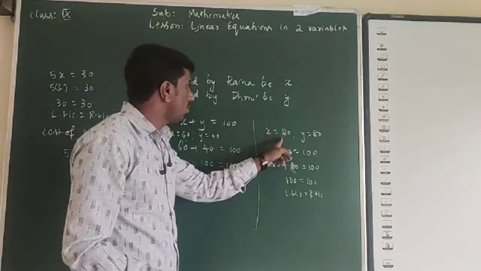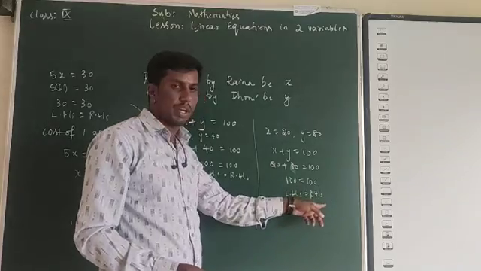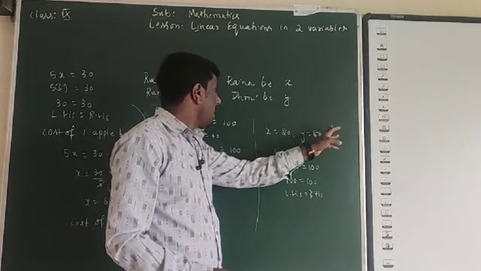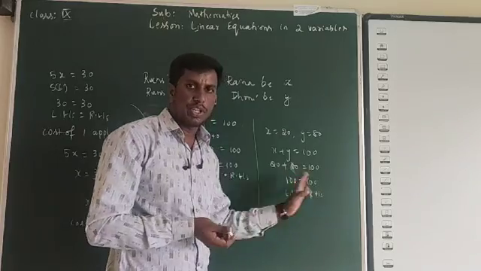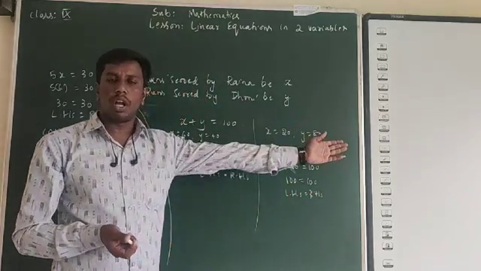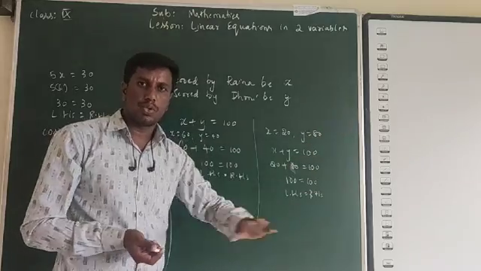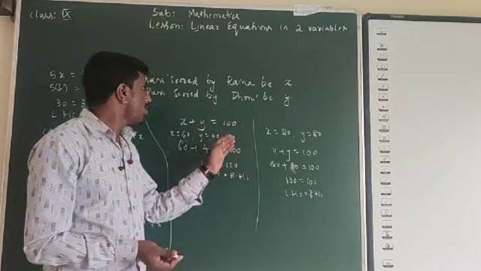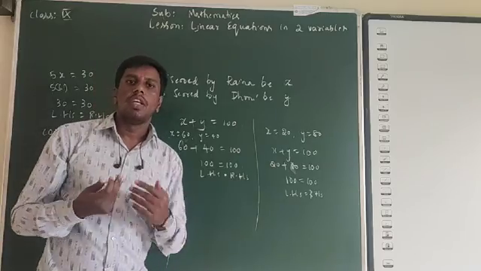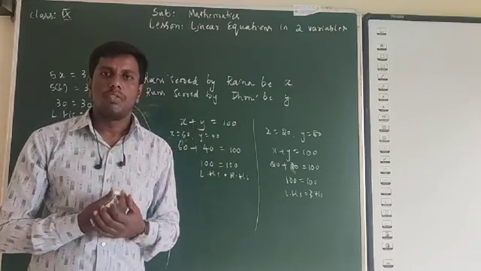If I place x is equal to 20, y is equal to 80, LHS is also equal to RHS. If I place x is equal to 30 and y is equal to 70, then also it is 100. If I place x is equal to 10 and y is equal to 90, then also it is true. That means a linear equation in two variables has infinitely many solutions.